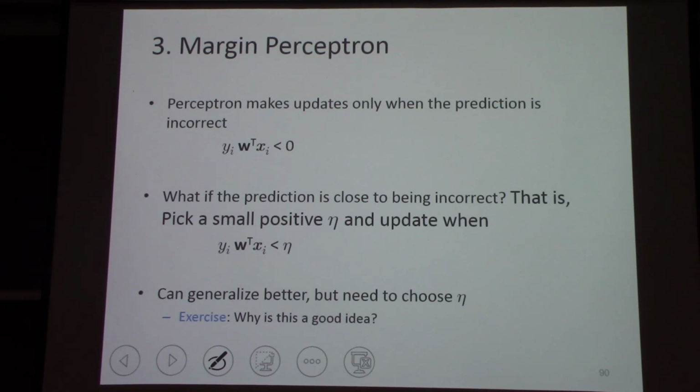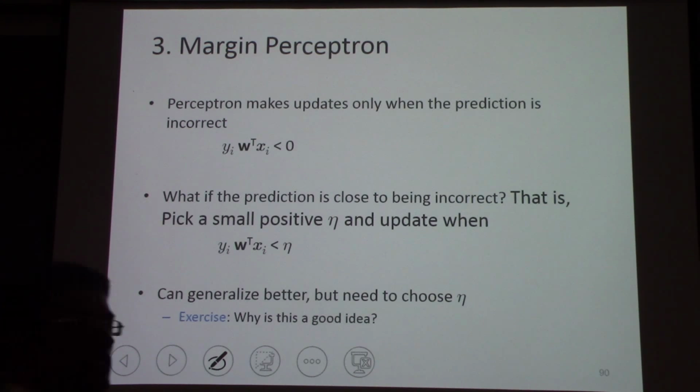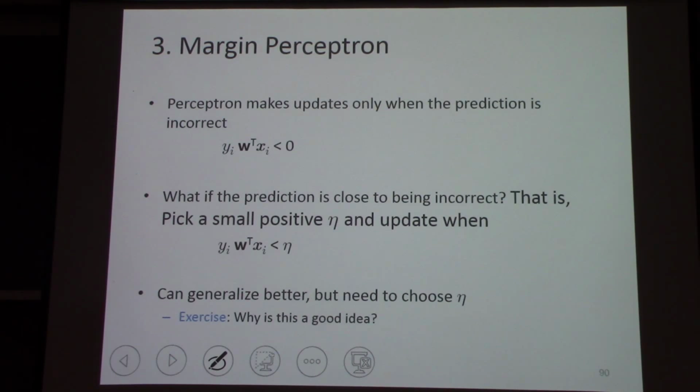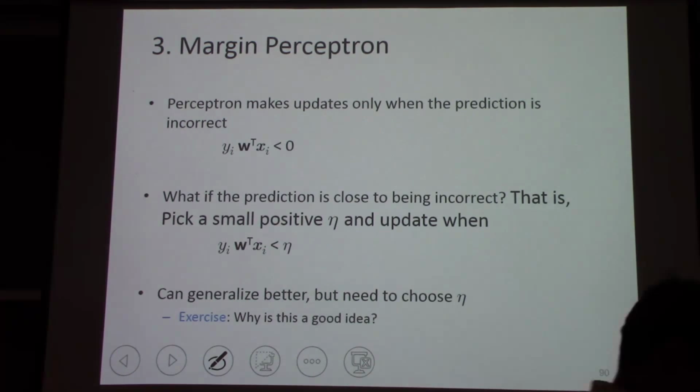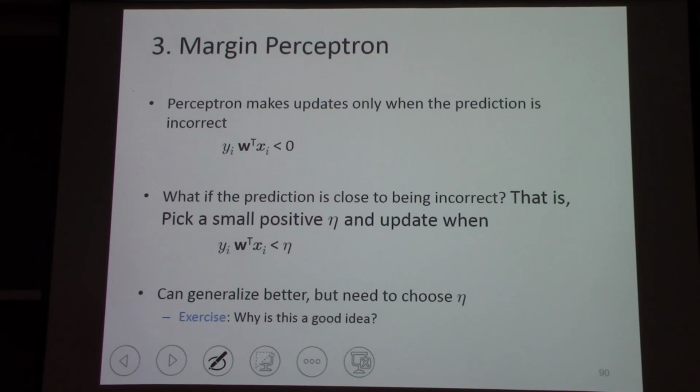Now, let's say it's greater than 0, but it's just a tiny number greater than 0. It's 0.00001. Is that a mistake or not? Probably it just happened to be on the positive side by random coincidence, but really it's too close to the margin. So you want to update even then. This intuition leads us to the margin perceptron, where you don't only check for negative.